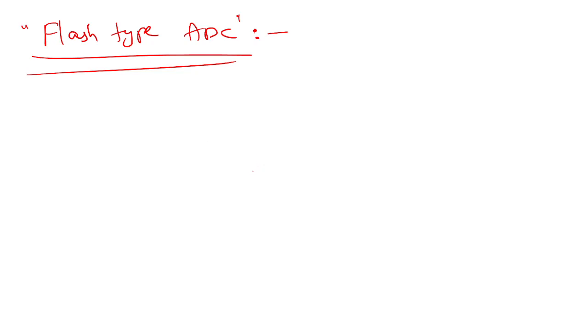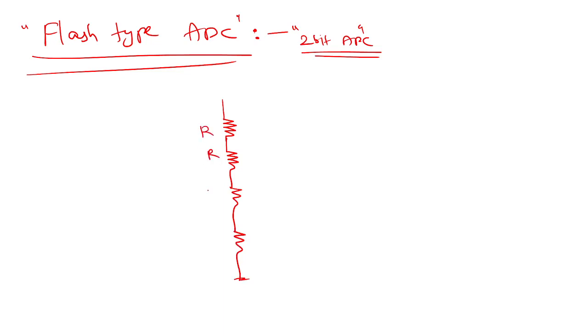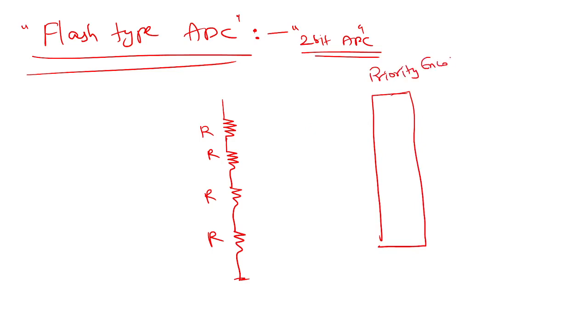Okay. So I can just take a 2-bit ADC, right? So let's say R, R, R, R, and we have a priority encoder with inputs 3, 2, 1, 0.